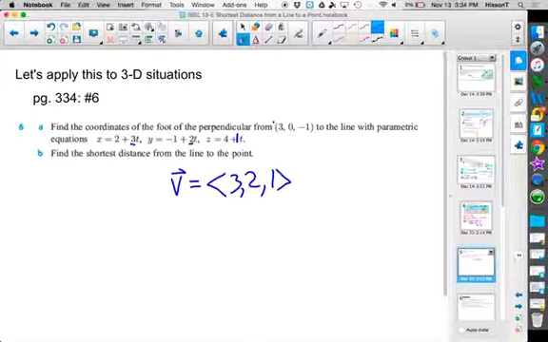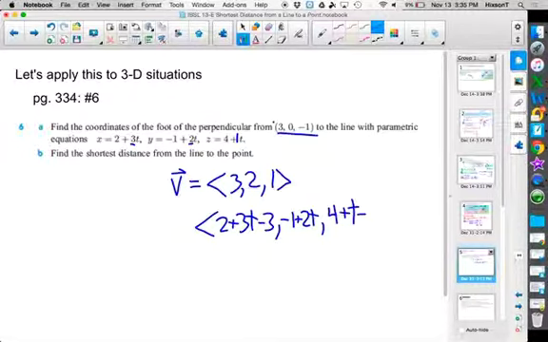And then we would find the vector from 3, 0, negative 1 to a random point on that line, which we use the parametric equations for. So we're going to dot that with the vector 2 plus 3t minus 3, negative 1 plus 2t minus 0, and 4 plus t minus a negative 1. We dot these together, set it equal to 0, and you've got the same thing. It's just in 3D now. Okay, so the principle is the same.